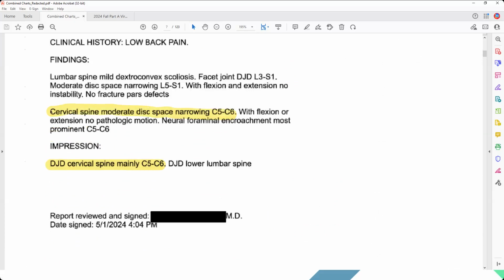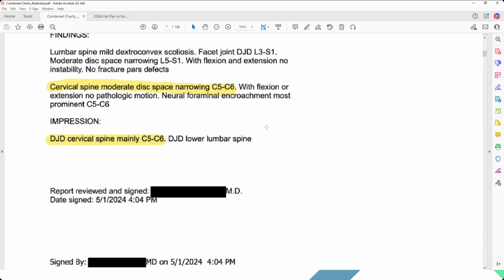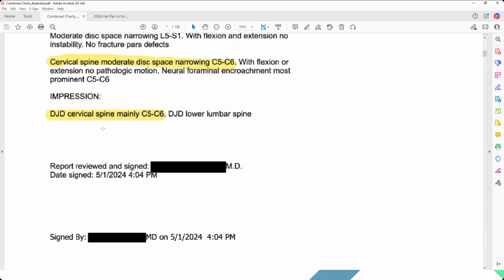And then we've got a little bit of information, cervical spine, moderate disc base narrowing. Here's some of the findings at C5 or C6. No flexion or extension, no pathologic motion. It's most prominent, the encroachment at 5/6.